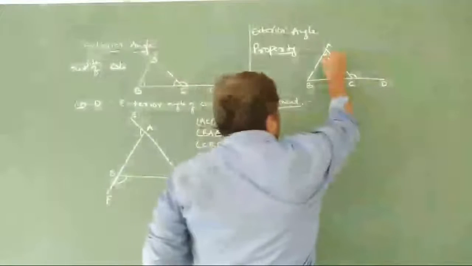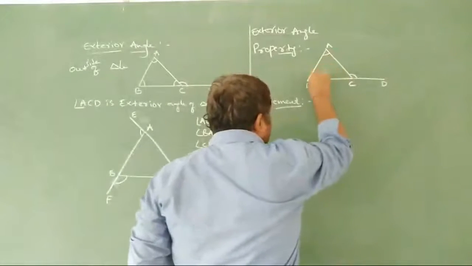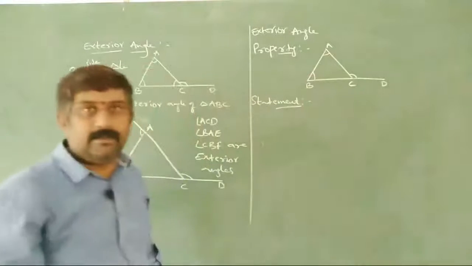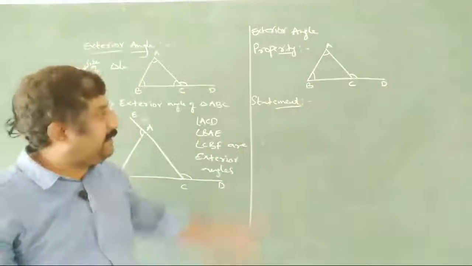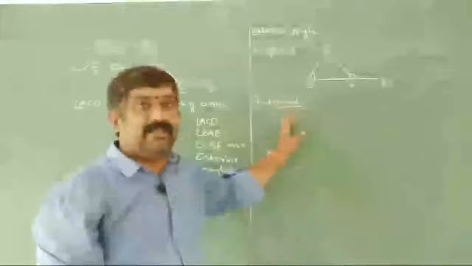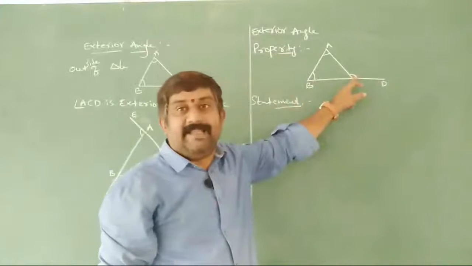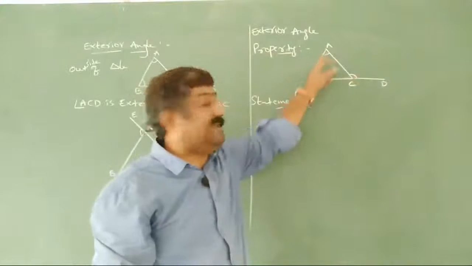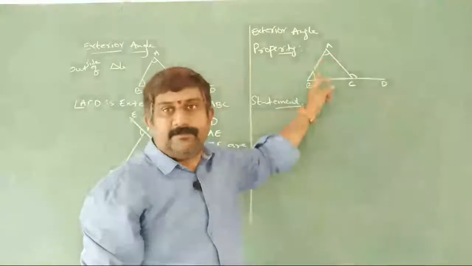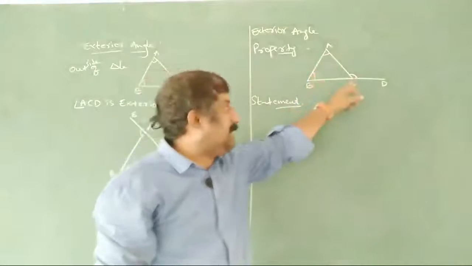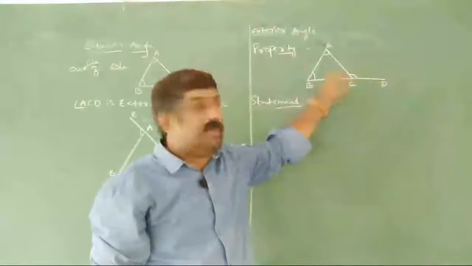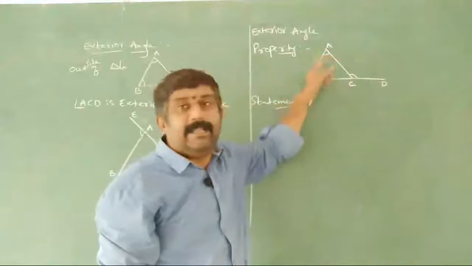Just the opposite interior angles A and B. So what is the statement we can give here? An exterior angle is equal to the sum of its opposite interior angles.